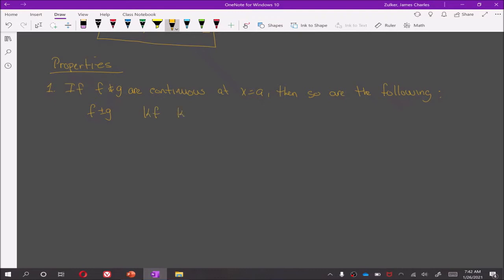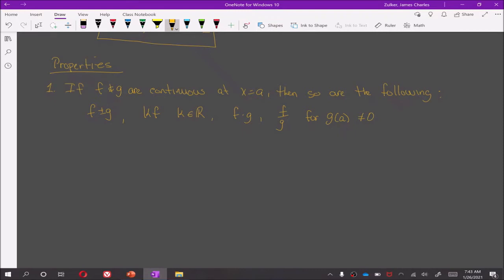All right, some properties of continuity. First up, if F and G are continuous at x equals A, then so are the following: F plus or minus G, K times F, where K is a real number, F times G, and finally F over G, as long as G of A is not equal to 0.